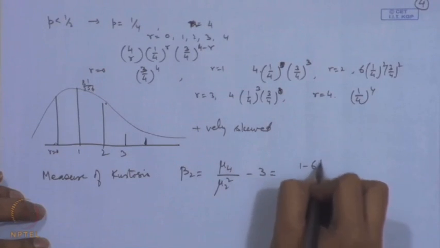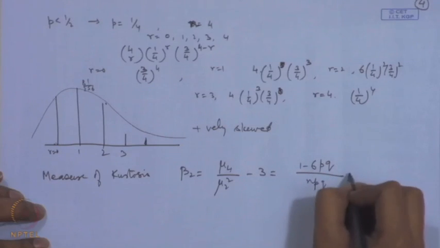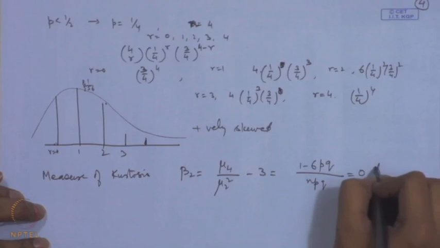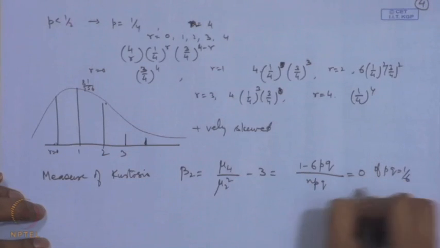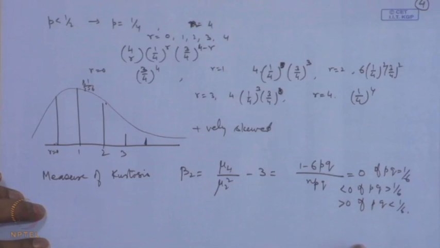So, that turns out to be 1 minus 6 p q divided by n p q. Naturally, this is equal to 0 if p q is equal to 1 by 6. It is less than 0 if p q is greater than 1 by 6. It is greater than 0 if p q is less than 1 by 6. Now, this will give a quadratic inequality, and therefore, you can solve that to get the range for negative and positive values.